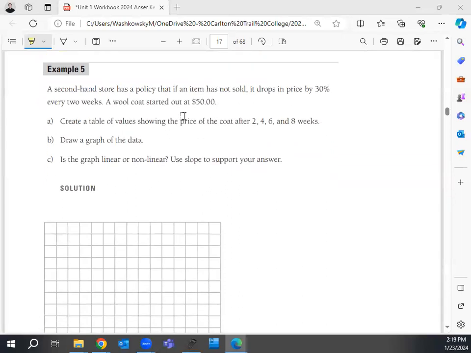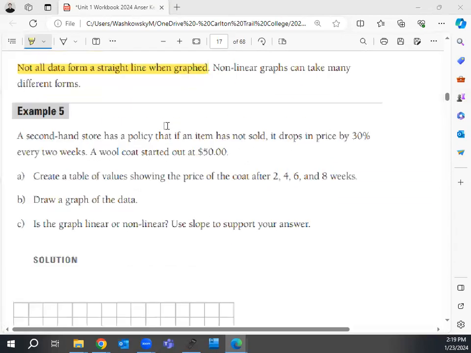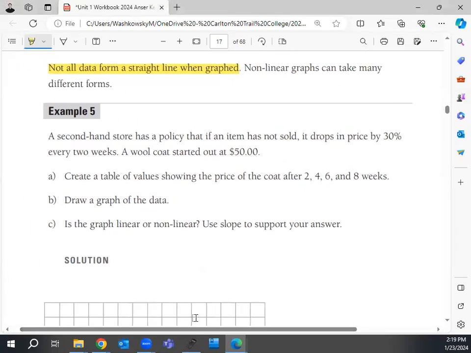We have an example here, which is a secondhand store. What's that one in Saskatoon called? Goodwill, bargain something.